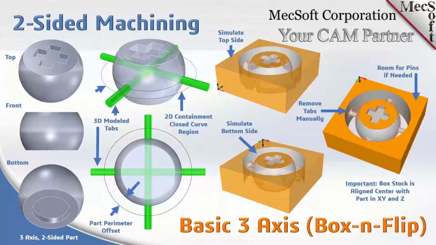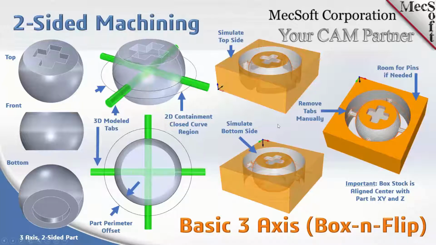It just has to be displayed whenever you generate the toolpath. As long as it's turned on and you can see it on the screen when you generate it, it won't cut through those. So you can see on the top side, we machined everything down past the center of the part, basically past the quadrant of this arc on the outside, so that you machine past that point.